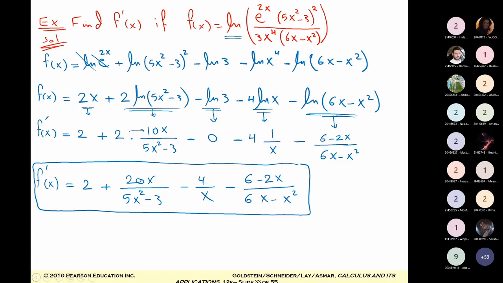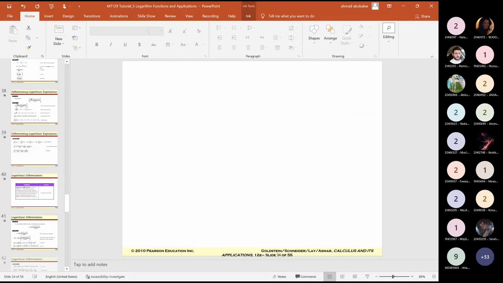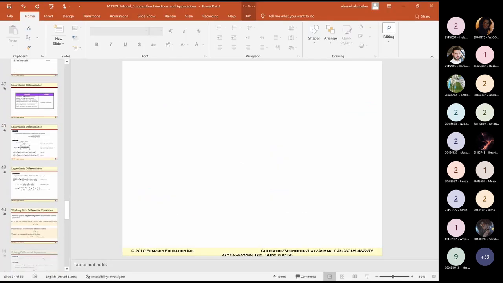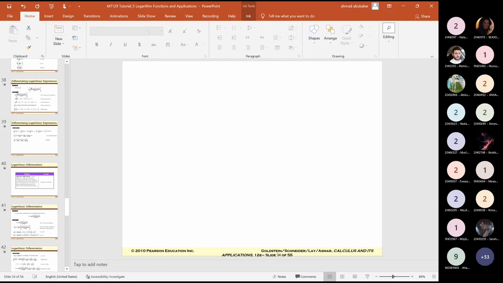Now we need to find the derivative but using logarithmic differentiation. We have a method called this one.